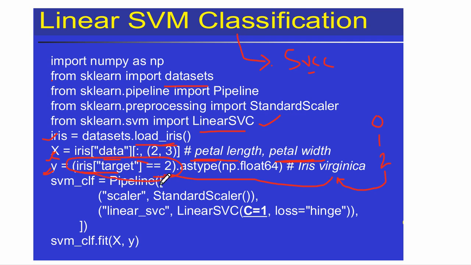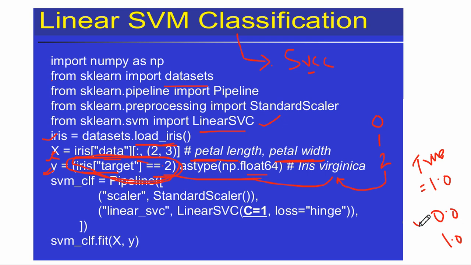If it is true, then we convert the true value into a floating point value using the function astype np.float64. That means the true value is converted to a float value, that is 1.0. So the comparison returns true if the target equals 2, but in the target variable we maintain either 0.0 or 1.0.